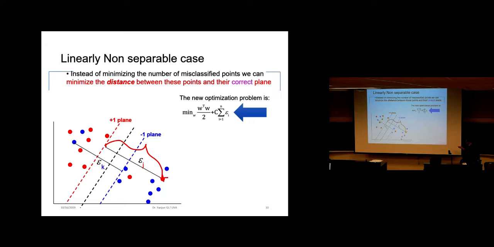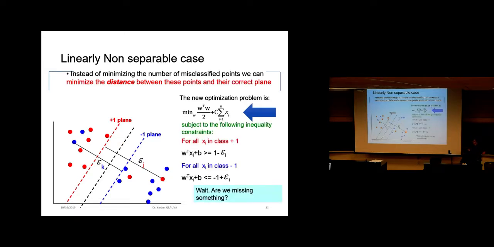That's why you're using this distance to show how much error I'm making on this point. For each data point, you have epsilon i to show the distance of that point to the correct plane. If it's already on the correct side, the contribution will be 0. That's guaranteed through this formulation.